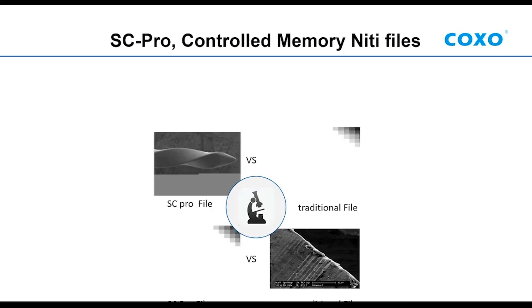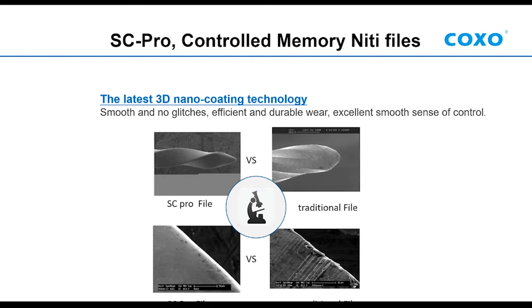Another difference is that our COXO endophyte uses 3D nano coating. This is a special print, you can see here. The outside is very smooth, and after being used a few times, it still keeps very smooth.